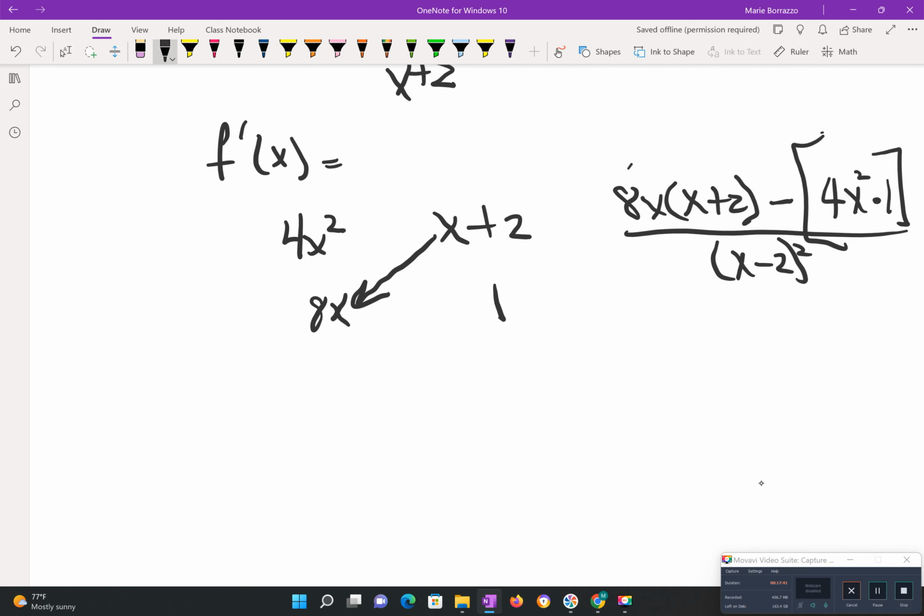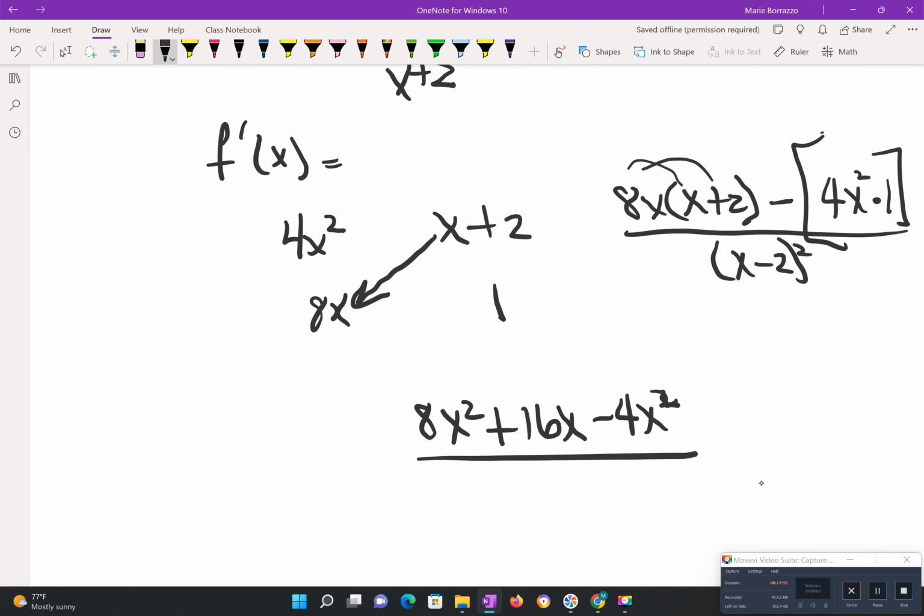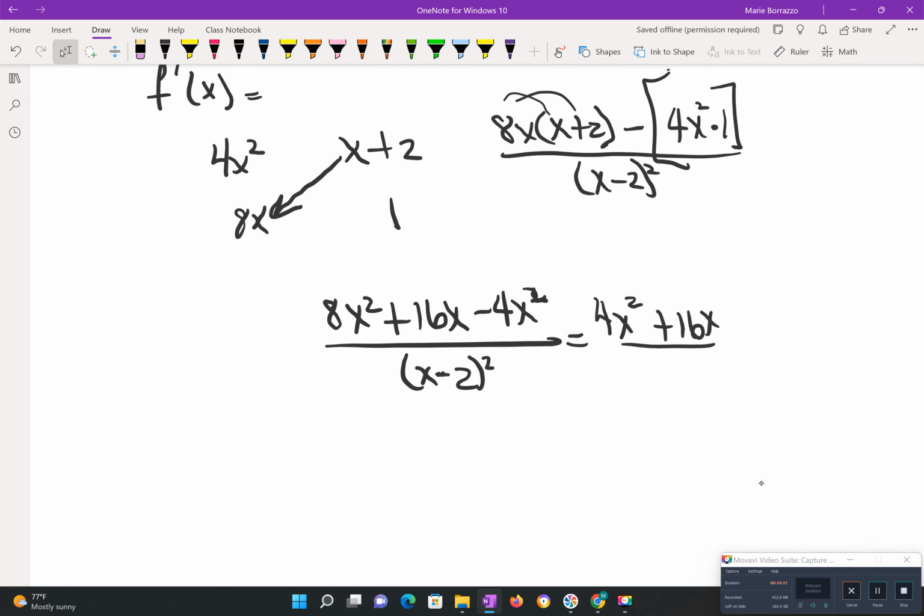So we distribute. We're going to get 8x squared plus 16x minus 4x squared all over x plus 2 squared. This results in 4x squared plus 16x, and that's over x plus 2 squared.